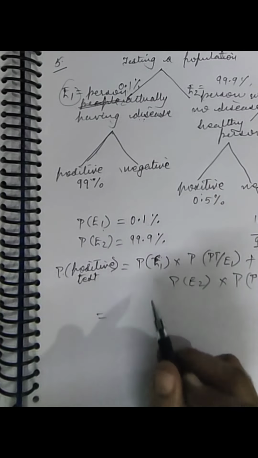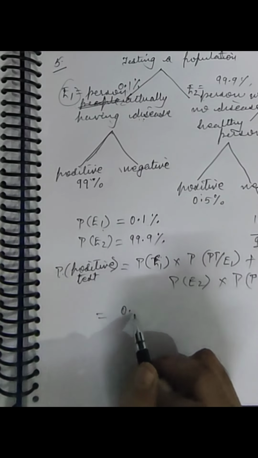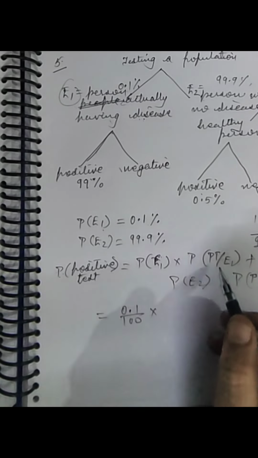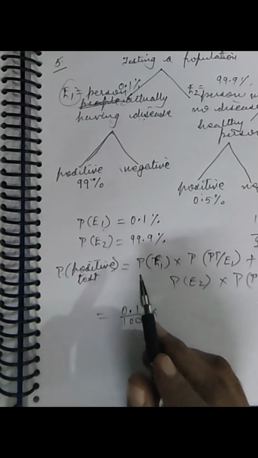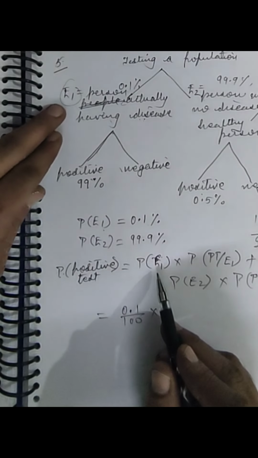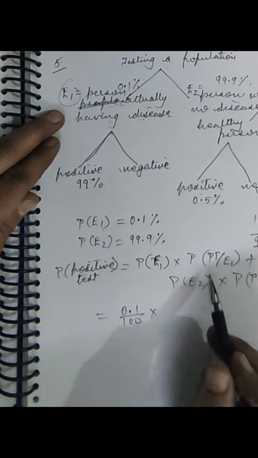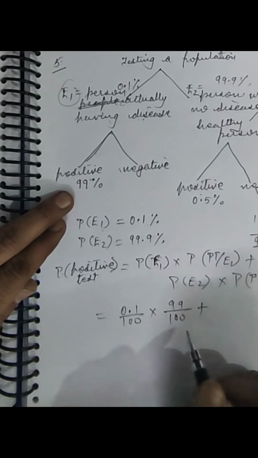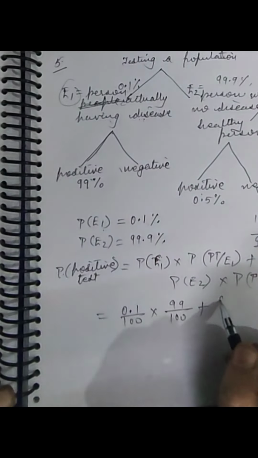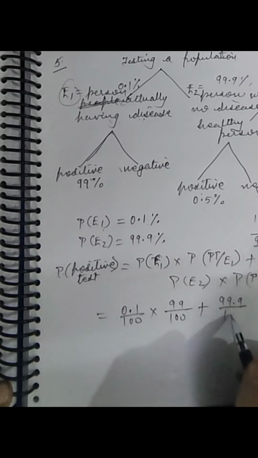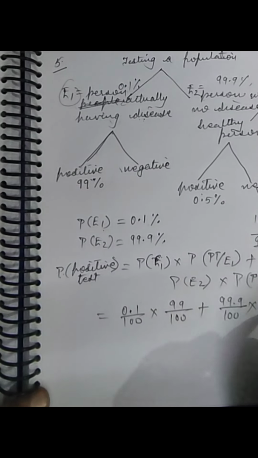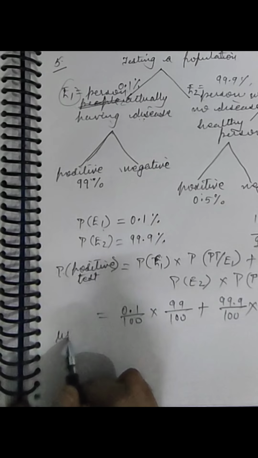Now we have to write here E1 as 0.1%, means 0.1 upon 100, into positive test in this category, 99%. Plus E2, its probability is 99.9% into positive test, positive result actually is 0.5 upon 100.